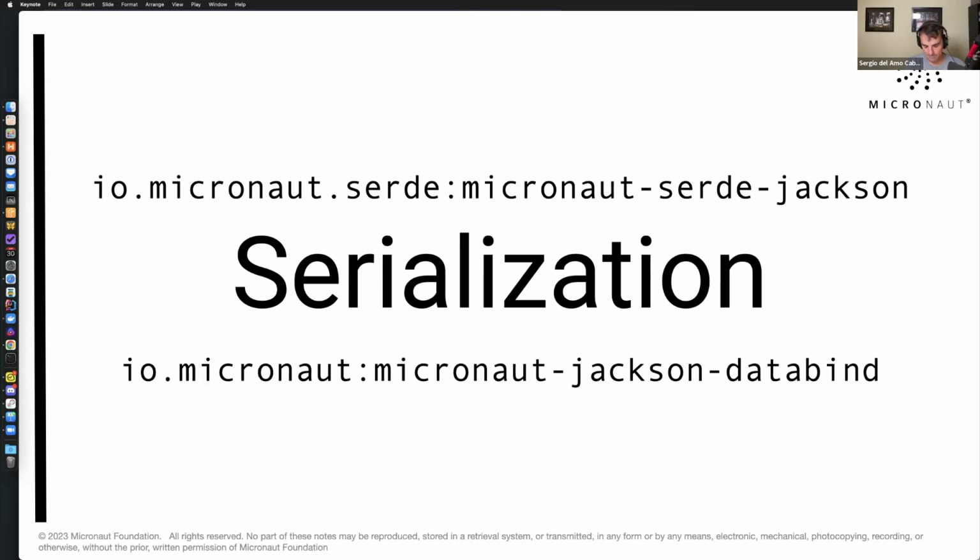We even have this API called JsonMapper. If you ever injected an ObjectMapper from Jackson, we have an equivalent called JsonMapper, and you can essentially change the implementation and work with an API which is really similar to the ObjectMapper API from Jackson. And to the point that Graeme made earlier, if you are hearing this and you are afraid that you're going to have to change a lot of your code, you don't, because most of the Jackson annotations are supported, so you can use JsonProperty and all of those things.